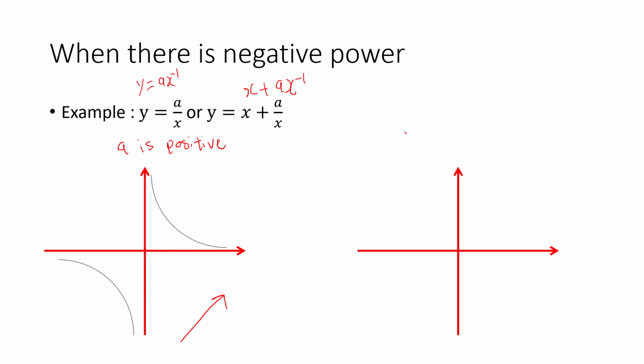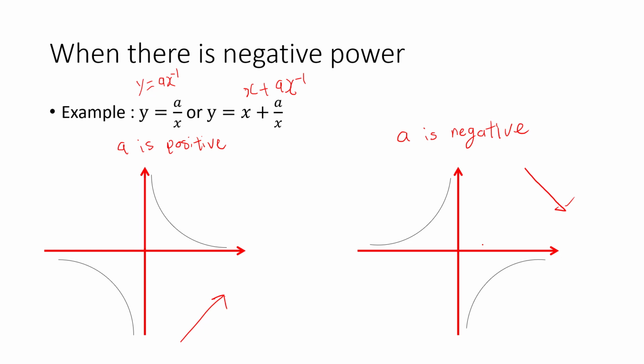If a is negative, then my graph will look something like this, as though the line is going down from left to right. Left is on top, right is below, so it is like going down. So this is the general shape of the graph.